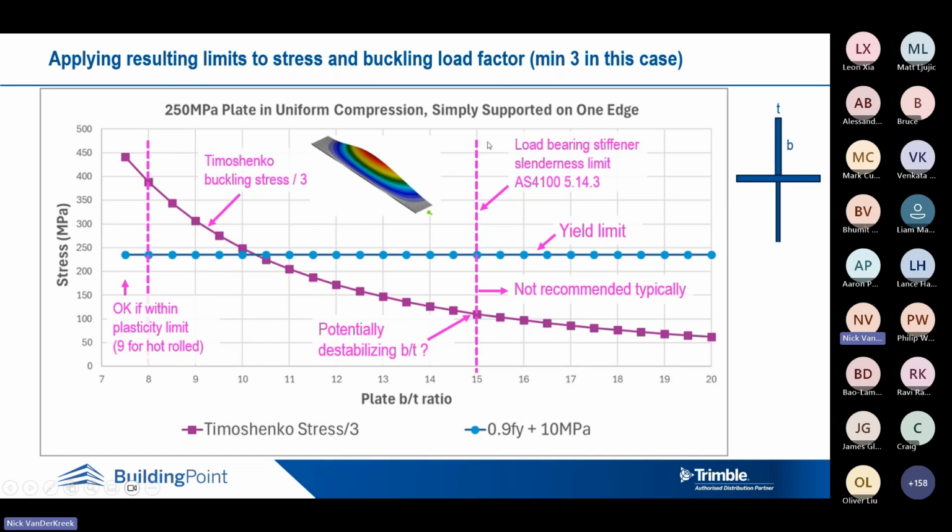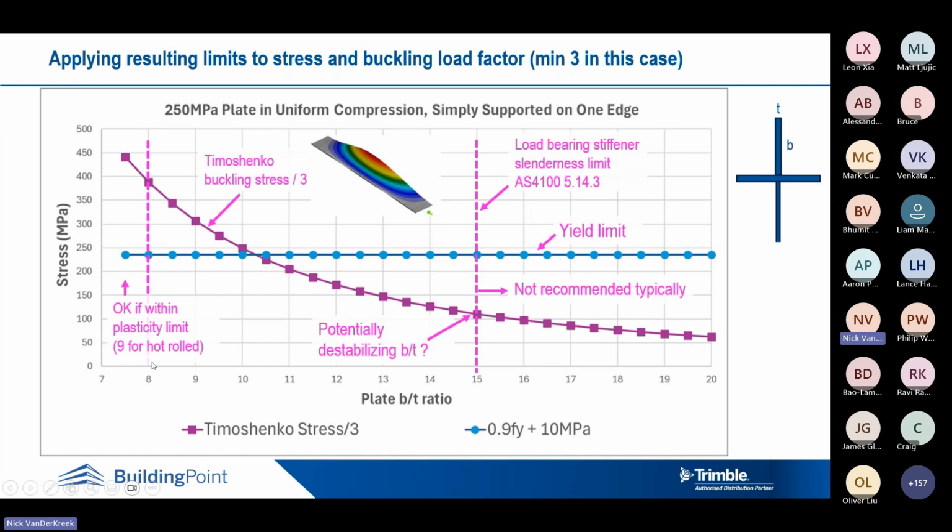So a little bit more on this graph. 15 to 1 is the maximum stiffener slenderness. It's modified if it's not grade 250 slightly, but essentially 15 to 1. So for a 10 mil thick stiffener, we could be 150 wide. This is bearing stiffener limits in AS 4100.